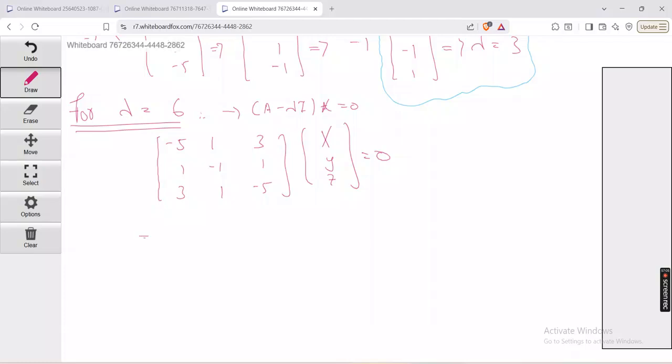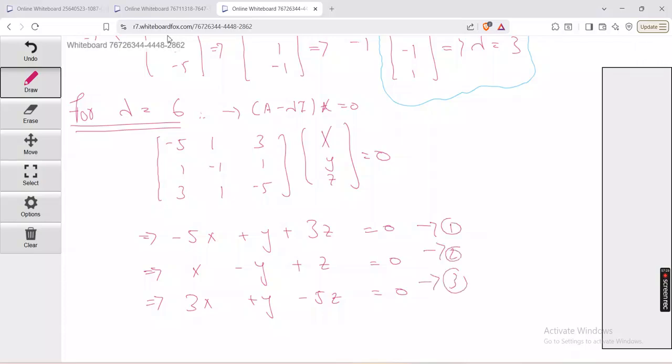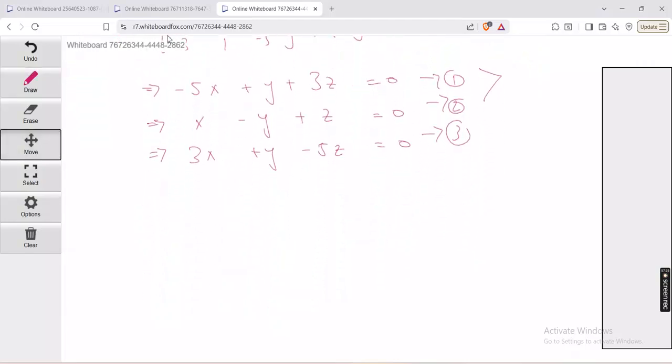What you need to do is put it in the equations. Minus 5x plus y plus 3z is equal to 0. And then the next one, x minus y plus z is equal to 0. And the third one, 3x plus y minus 5z is equal to 0. We have equation 1, we have 2, and this is equation 3. I will take only two equations, 1 and 2. Let me solve it again.